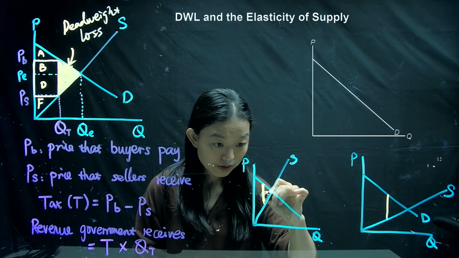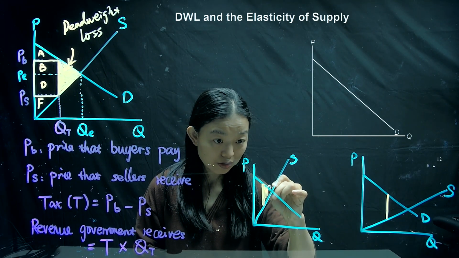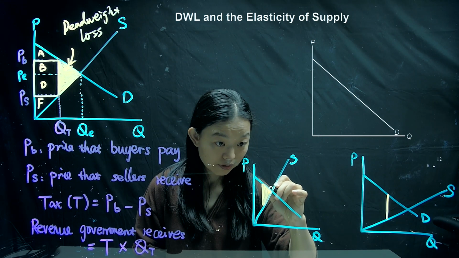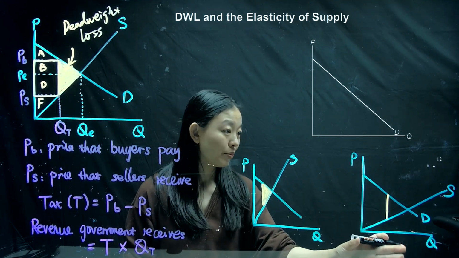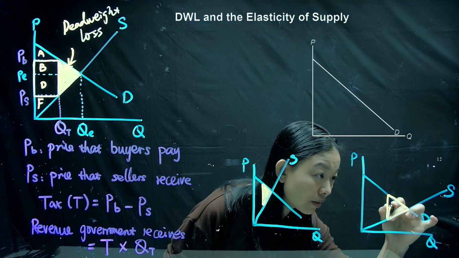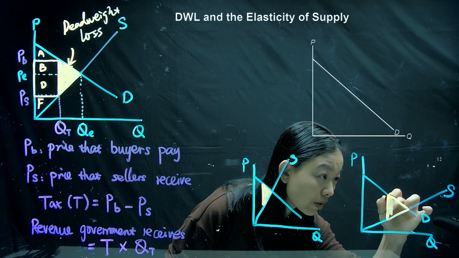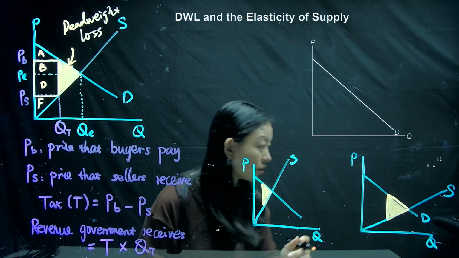And then you might notice the deadweight loss in the first one is this triangle, right? The deadweight loss for the second product is this triangle, right? And which area is bigger?